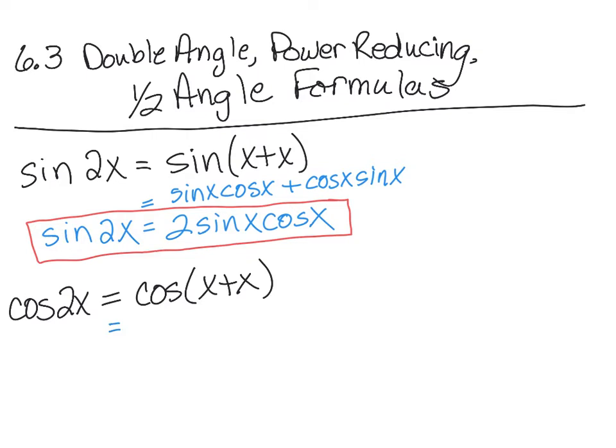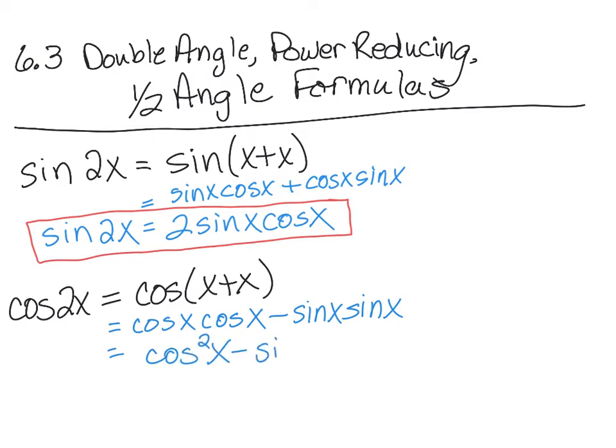Cosine of x plus x is cosine of the first, cosine of the second, and then you change that sign to a minus before you write the sine of x and the sine of x. Now notice that this is cosine squared minus sine squared.